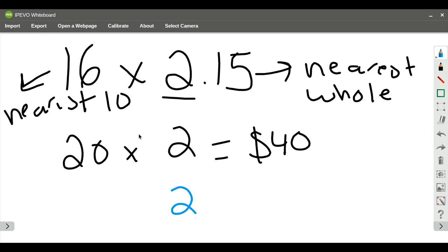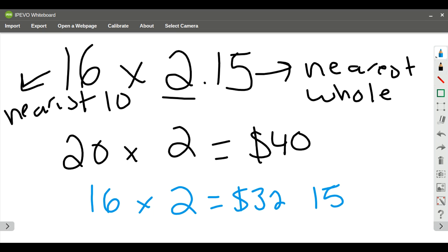Well, I may know what 2 times 16 is. And so if I know what 2 times 16 is, I'm going to leave it. And when I multiply that, I'm going to get 32. If I did 10 multiplied by 2, that's probably going to be too low of a value, but I could do 15. I could probably figure out 15 pretty easily. So 15 times 2 would be equal to 30.